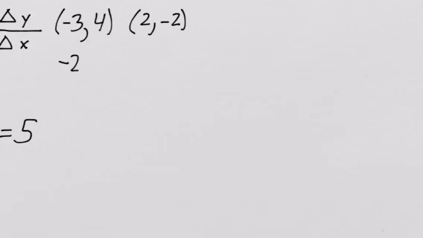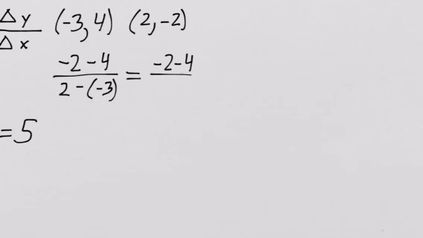So I have -2 minus 4 over 2 minus -3. So -2 minus 4 over 2 plus 3, which is going to give me -6 over 5.